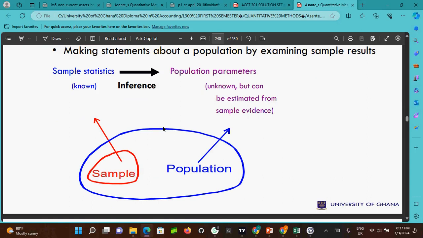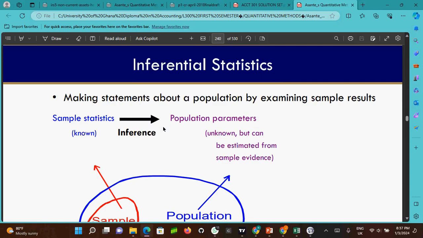In inferential statistics, we are making statements about the population. Inferential statistics basically means that we use the sample that we selected to make assumptions about the whole population.